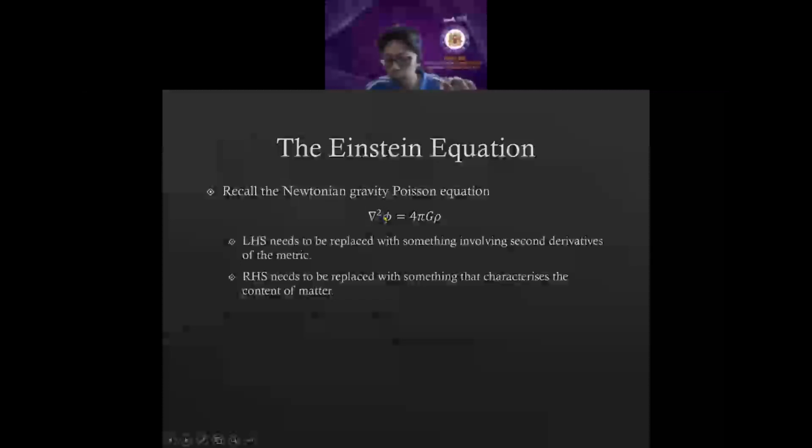So we can guess that if we are to describe gravity with curved spacetime, we should replace this left hand side with something involving the second derivative of the metric.